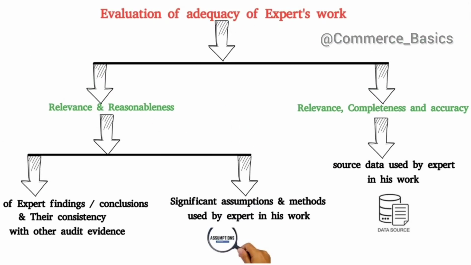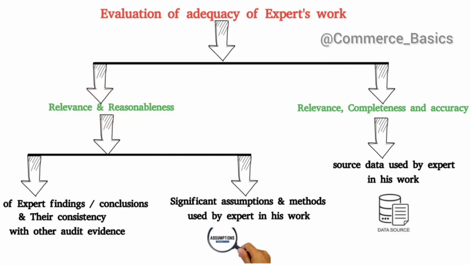Then we have to evaluate the work he did, whether it is adequate for us or we have to do even more. First, we check the expert's findings and conclusions: whether they are consistent with other audit evidence, and their relevance and reasonableness in the audit.